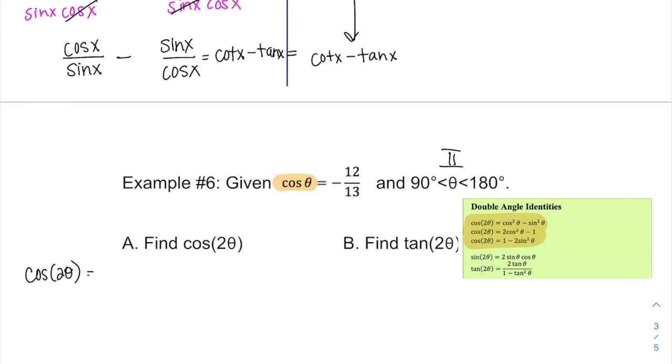So cosine 2 theta is equal to 2 cosine theta squared minus 1. Well, this again is the same thing as 2 times cosine of theta squared minus 1. And we know cosine of theta is negative 12/13. So where there's a cosine theta, I can say negative 12/13 in its place.